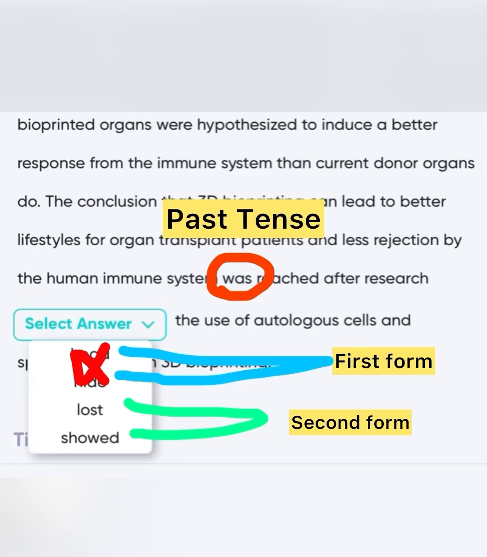Could it be the research lost the use or the research showed the use? Does it happen that research loses something? No, it never happens. Never ever. The research always shows something, reveals something, discloses something, right? So the correct answer would be the research showed the use of autologous cells.